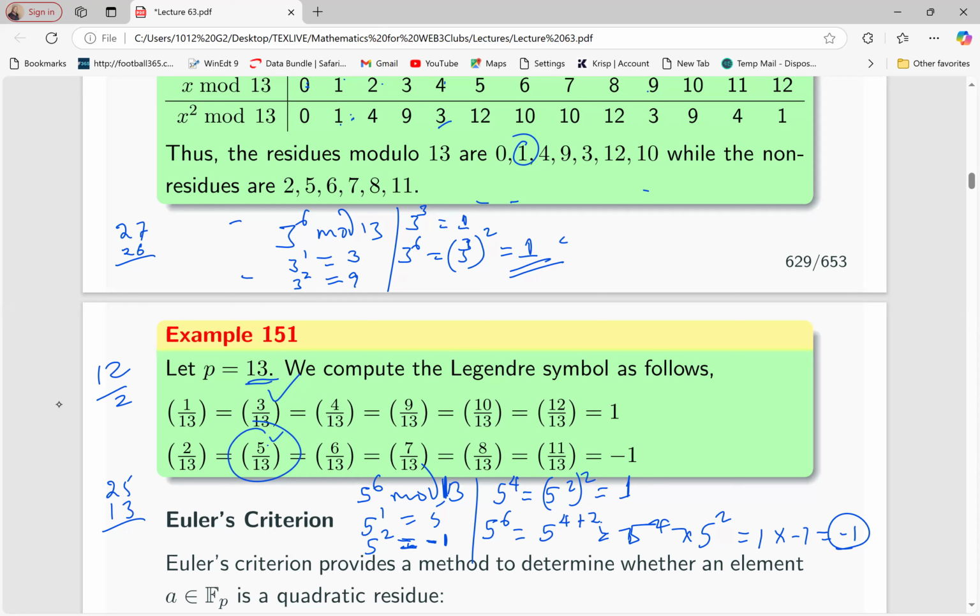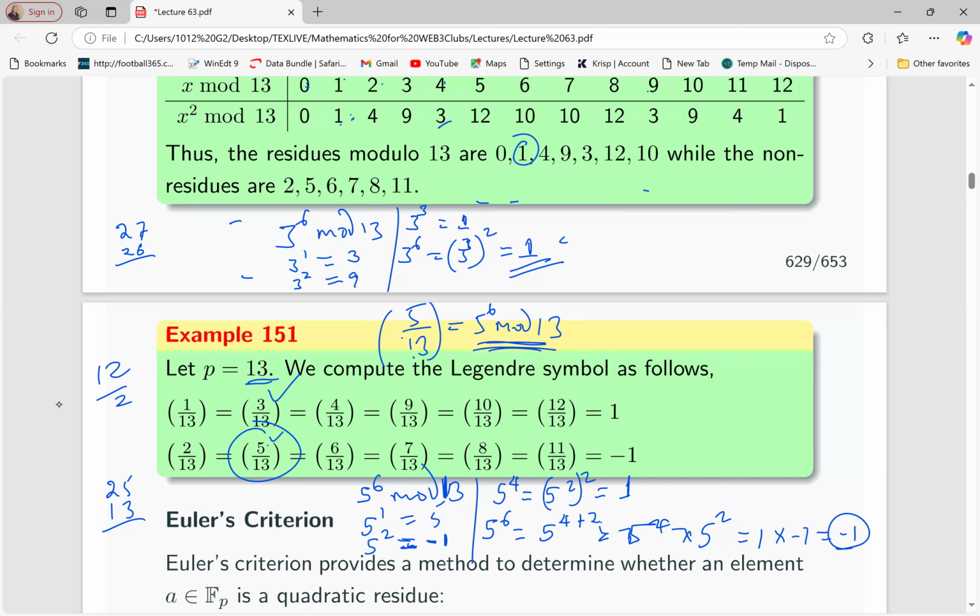That's why I said this does not mean 5 divided by 13. It means the Lagrange symbol, which means it is 5 raised to 13 minus 1 divided by 2, mod 13. This is what it means. It does not mean 5 divided by 13.